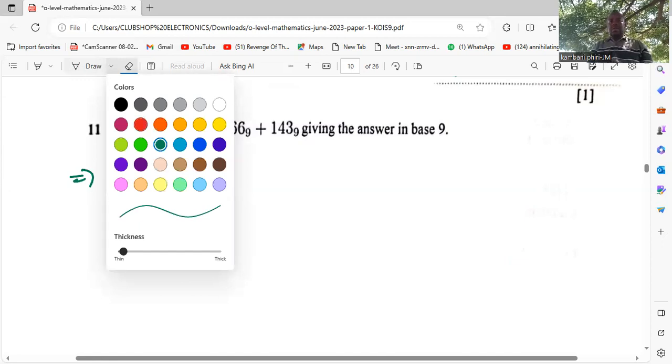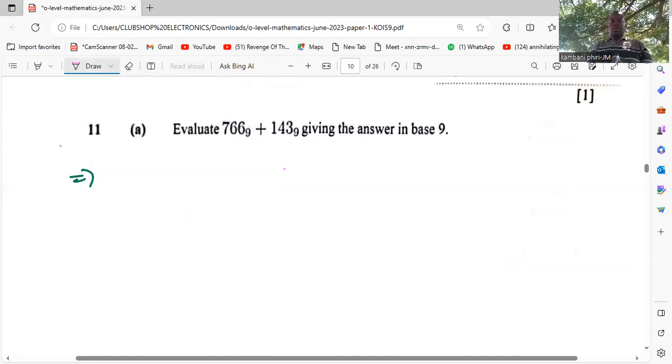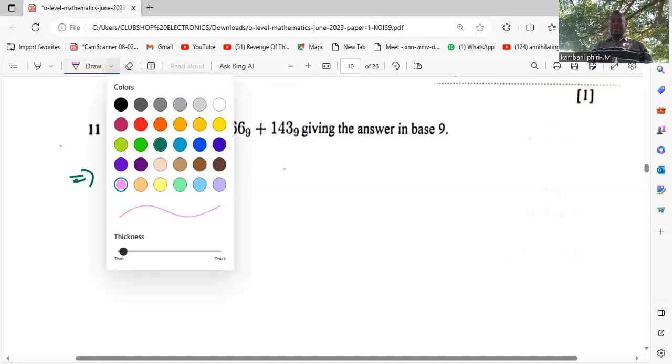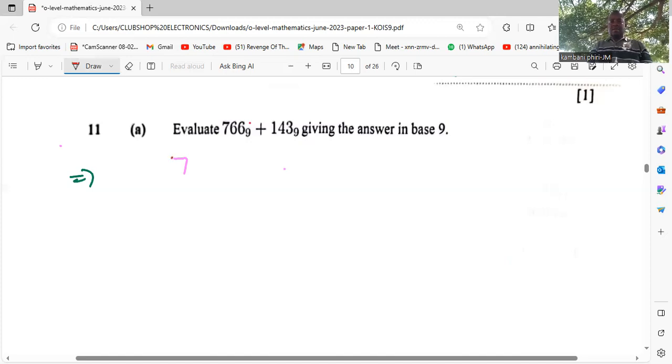We'll say 766 in base 9 plus 143 in base 9. So we are going to add.